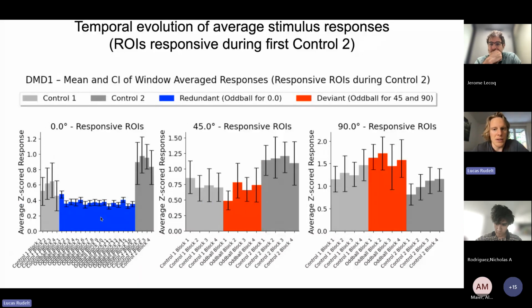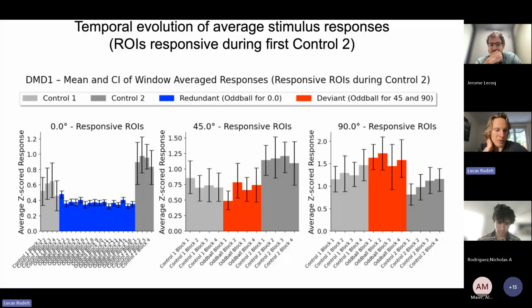If we look at the responses of units that are responsive during the second control, we see a bit of a different dynamic. So we do not see this strong depression during the first control because units are most likely not so active in that one.